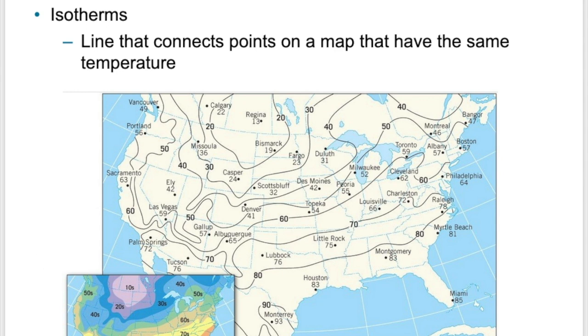For example, the zone between the 60 and 70 isotherms is labeled 60s. So here we have the 60s. Closely spaced isotherms indicate a rapid rate of temperature change, whereas more widely spaced lines indicate a more gradual rate of change.